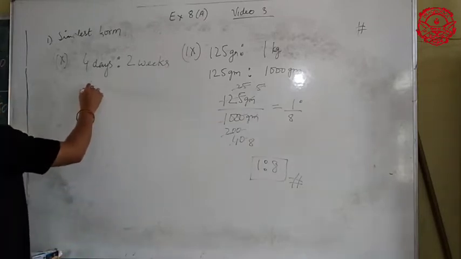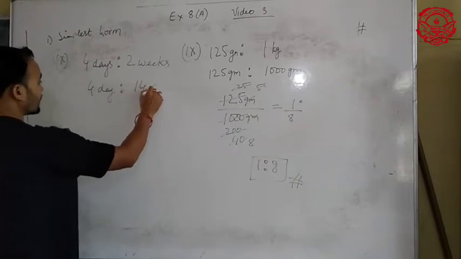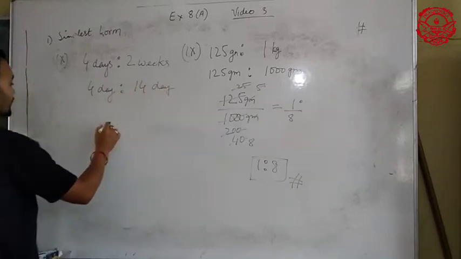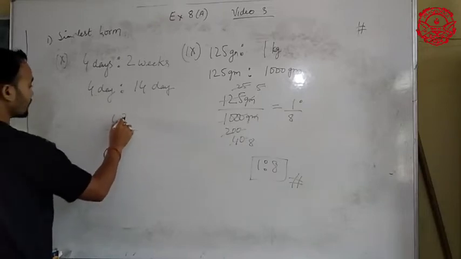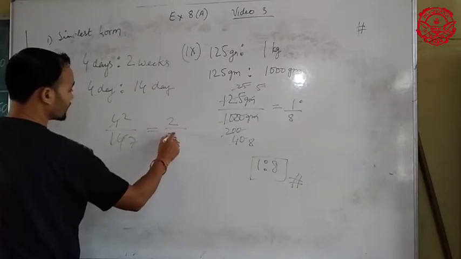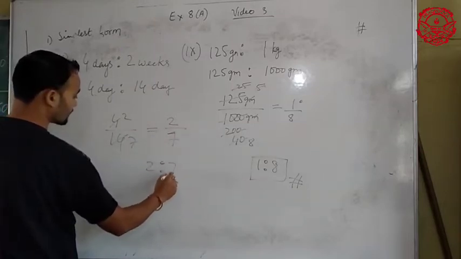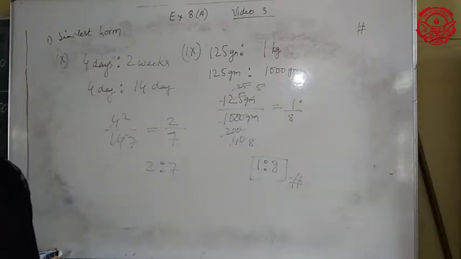So 4 days is to 14 days. Now if you calculate the ratio 4 by 14, it will be 2 by 7. That is, the new ratio is 2 is to 7. In this way you can convert into simplest form.